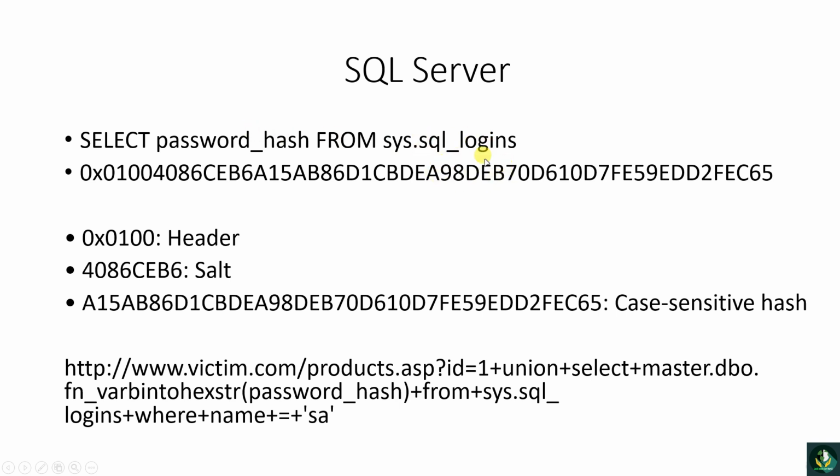This is an example taken from SQL Server 2005. The hash is modified compared to the old SQL Server 2000 hash, which is case sensitive. As you can see, Microsoft removed the old case sensitive hash.